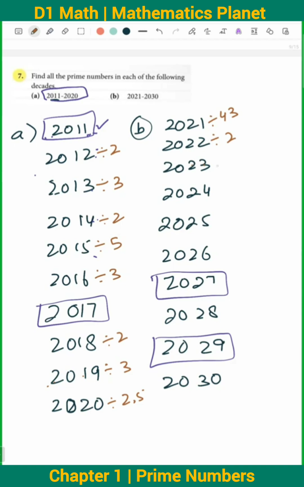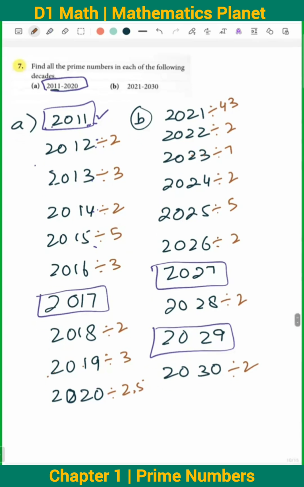So these are all the reasons why the others are not prime numbers, because prime numbers have only two factors, one and itself. So I have given you the reasons why other numbers are not prime numbers.